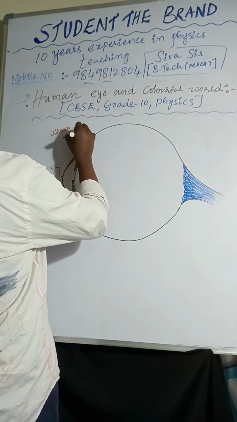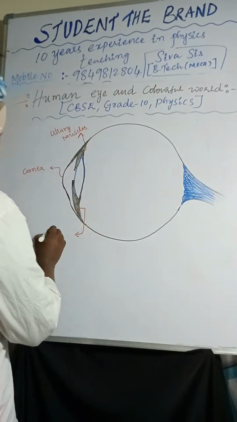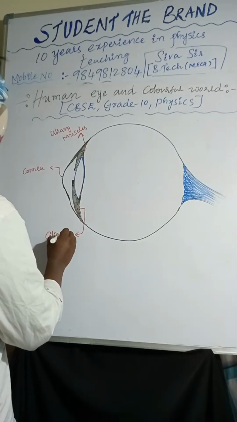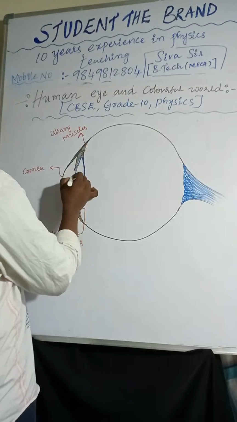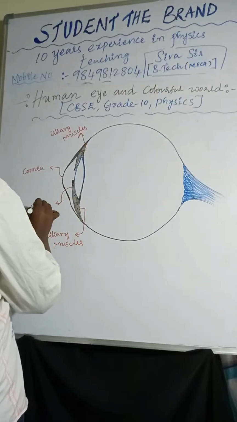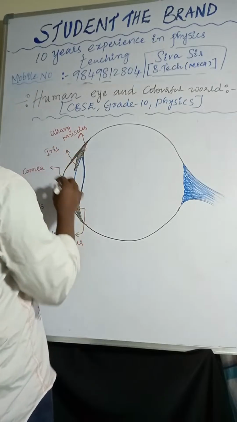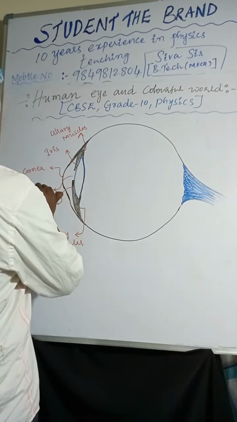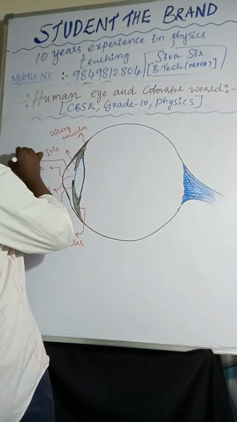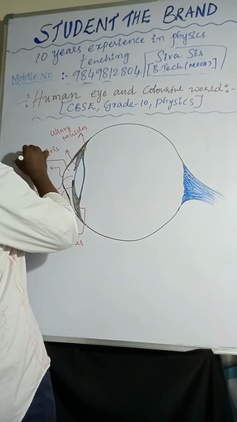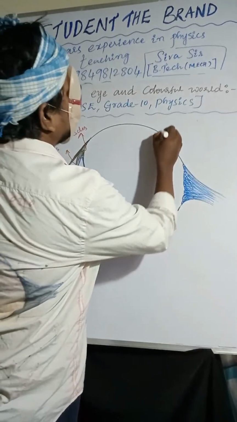This is the iris, and pupil. This is the aqueous humor.